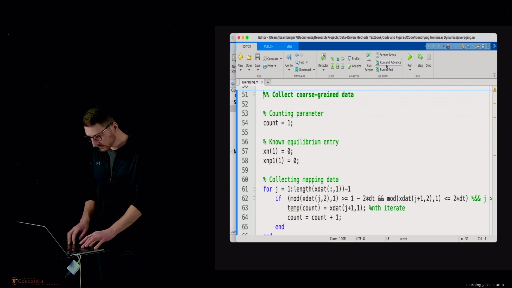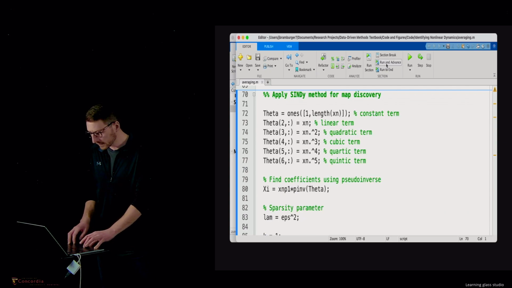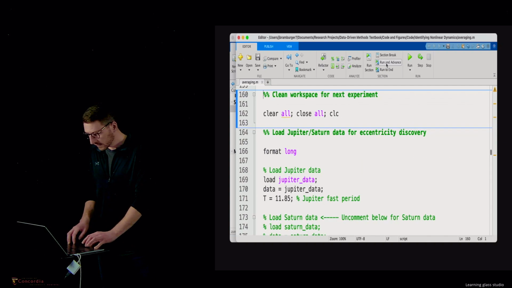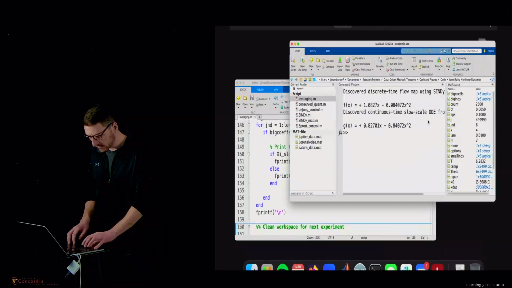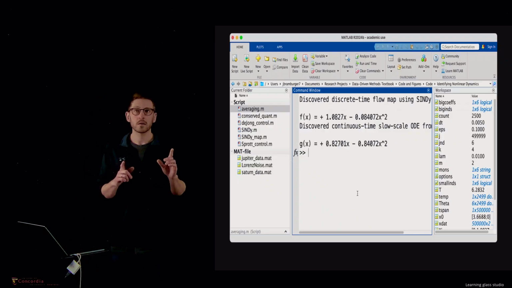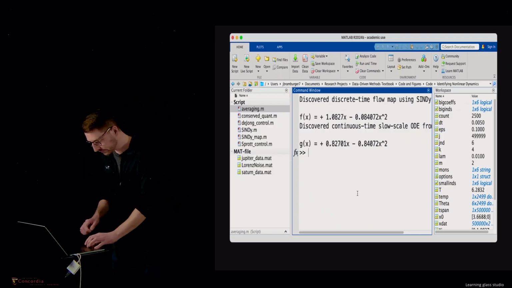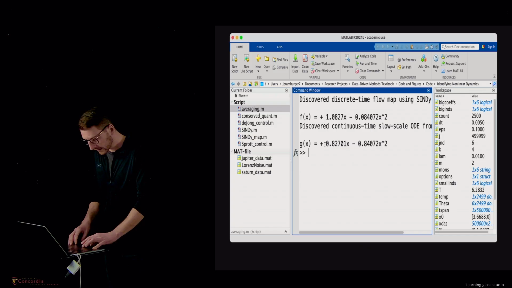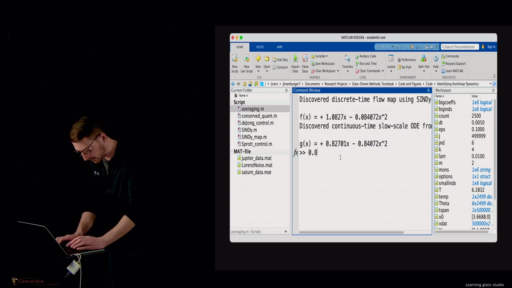Then, if we throw this into the SINDy method, again, let's take a look at what SINDy returns for us. Here it is. Now, let's take a look at this model. Here is our discovered slow time mapping. This is maybe 0.8, let's say 0.83 times x(1 minus x).